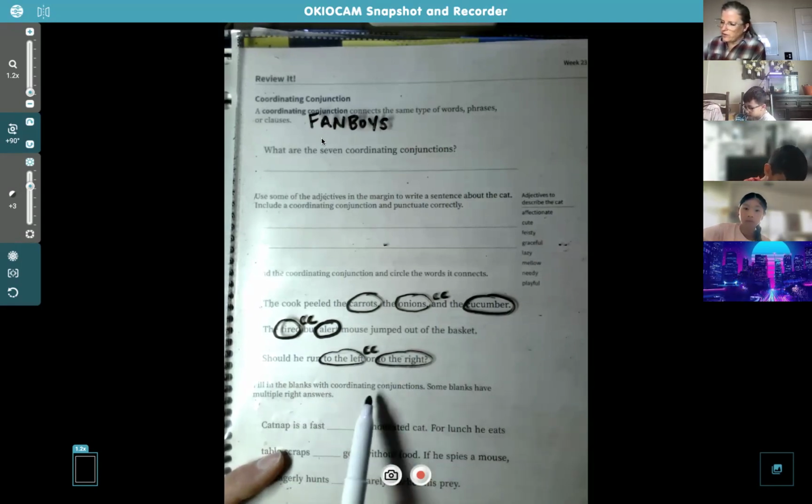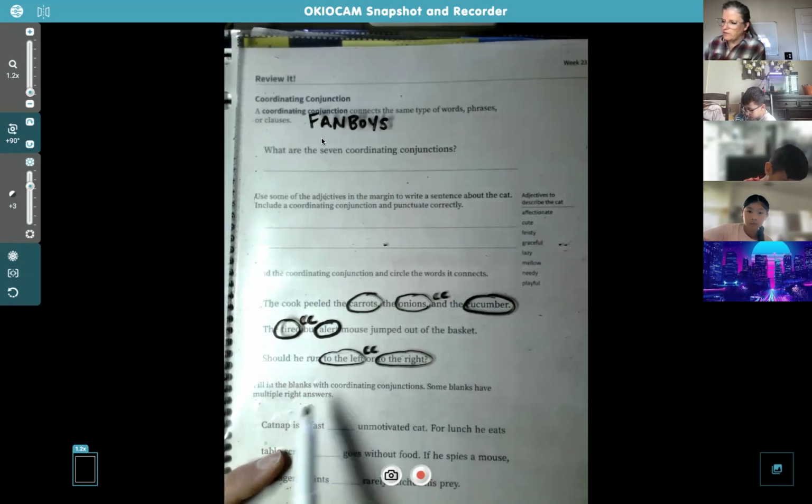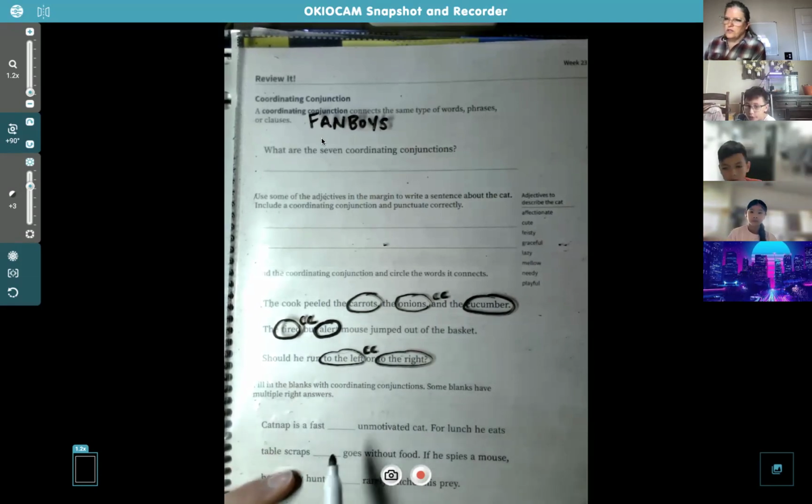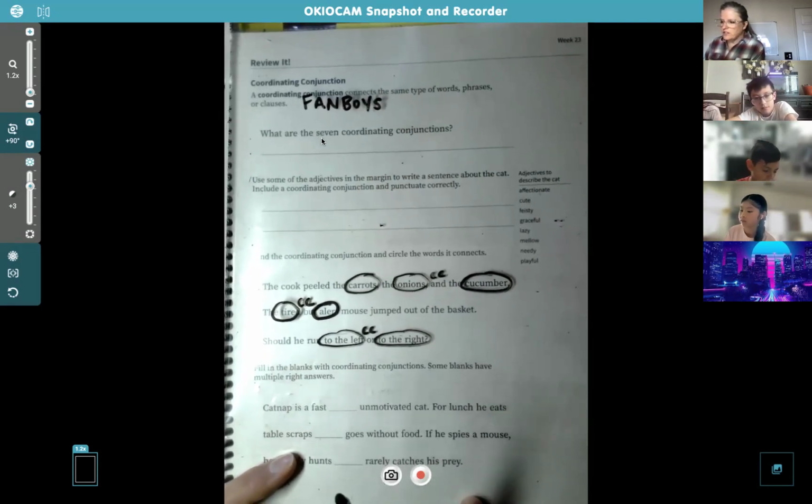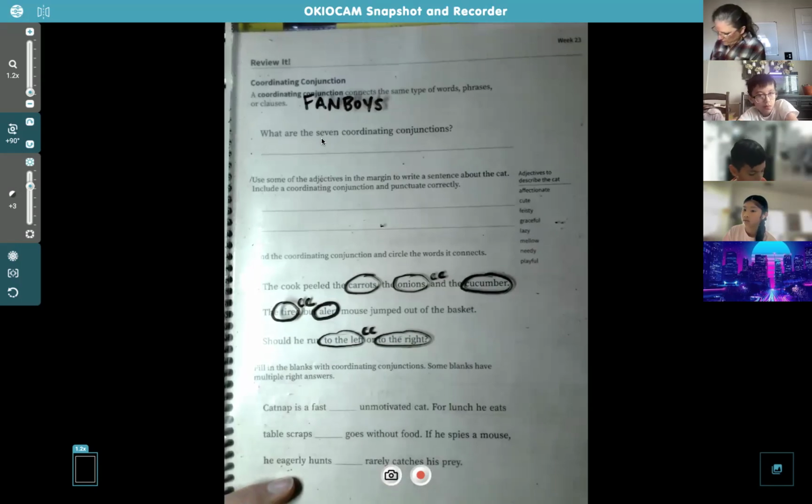Fill in the blanks with coordinating conjunctions. Some blanks have multiple right answers. So how about Christopher on this one? Read the sentence and tell us what coordinating conjunction goes in the blank. Catnap is fast and unmotivated.